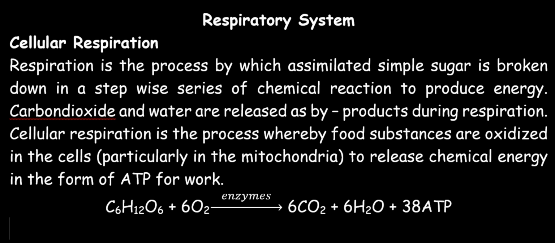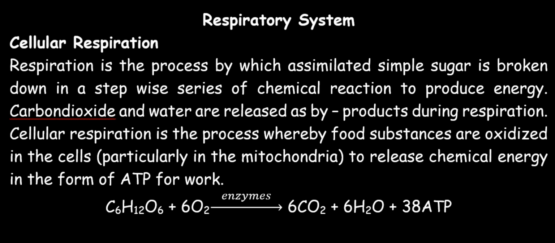So, as you can see with this chemical equation, one molecule of glucose is oxidized in the presence of enzymes to give carbon dioxide and water as byproducts and release 38 moles of ATP, which is used for work.